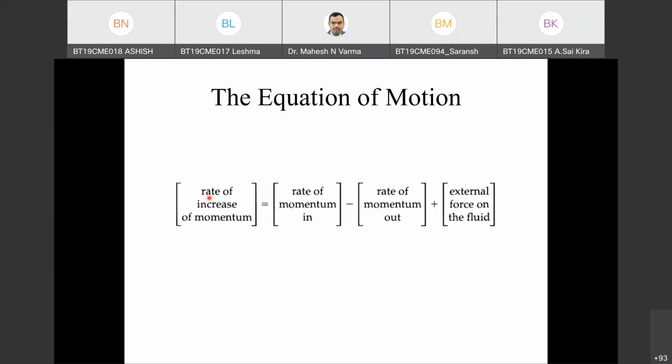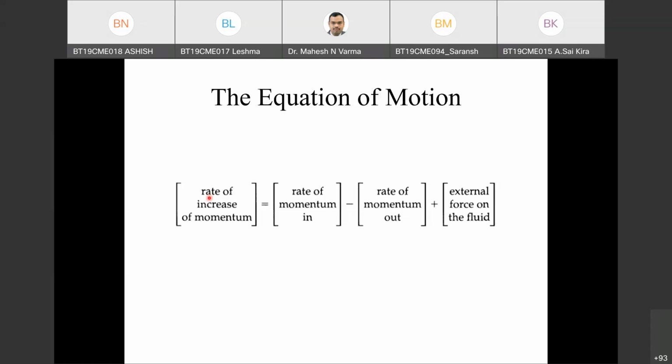So what will be the mass of the differential shell? Density into volume, rho into volume. How to get volume of a differential shell? Delta x, delta y, delta z.